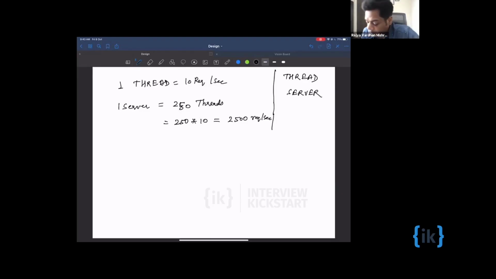Once this is done, now I know what the capacity is at the server level. Let me extrapolate this. I know what one server is capable of, so I can do a very fair calculation of how many servers will be required. We have to serve 100,000 requests, and one server can serve 2,500 requests, so I need 40 servers.